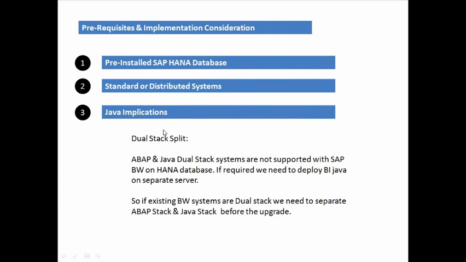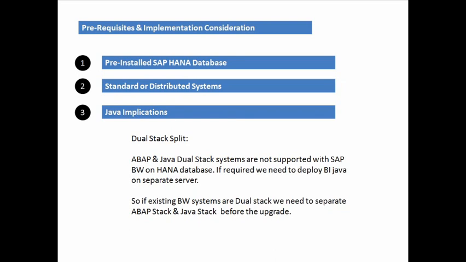Next, this is very important: Java stack. Now do we have ABAP stack and Java stack? అంటే in NetWeaver you'll have Java programs and you also have ABAP programs. All browser based is generally on Java, right? Our web application server, browser based, you run your reports, that is all running on Java stack only.